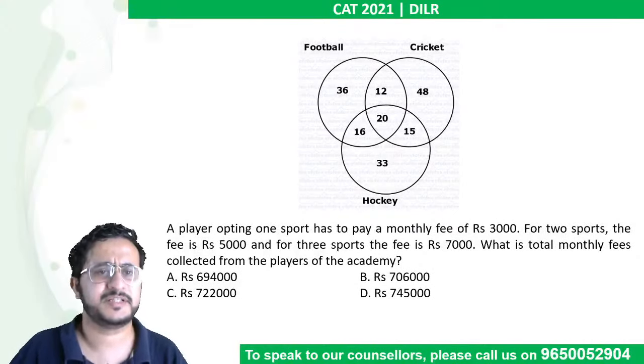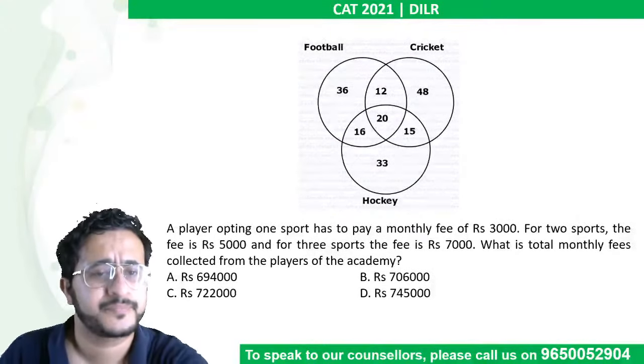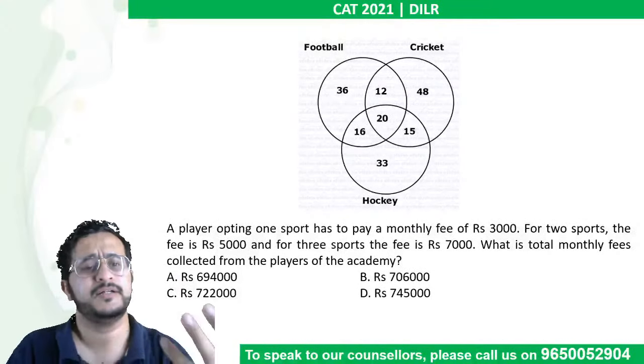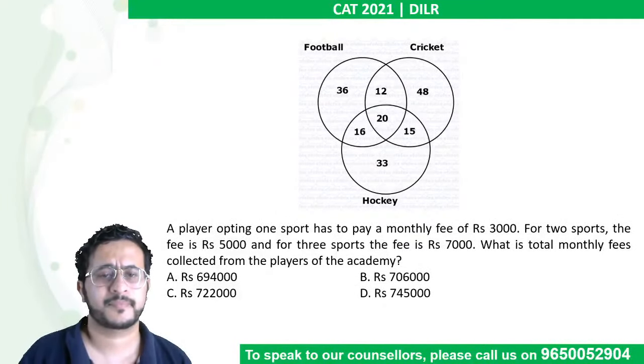So these examinations test your smartness, right? They see how smart you are in solving questions, right? Can you solve them in the lesser possible time? Now these are the number of players playing different sports.